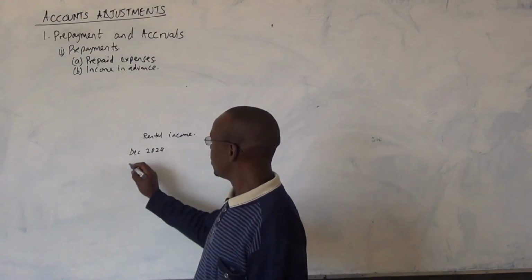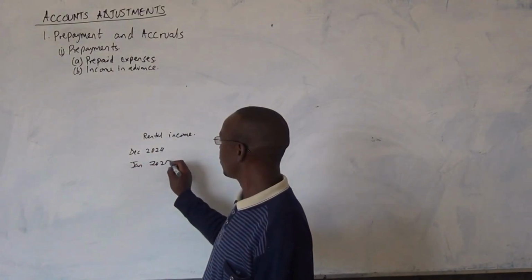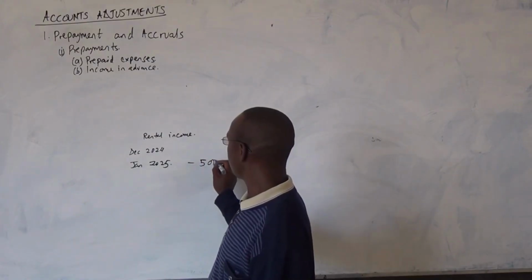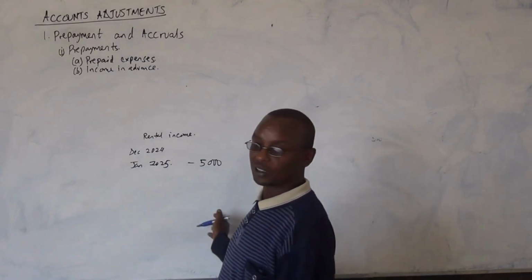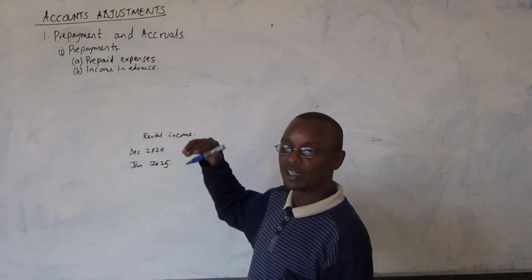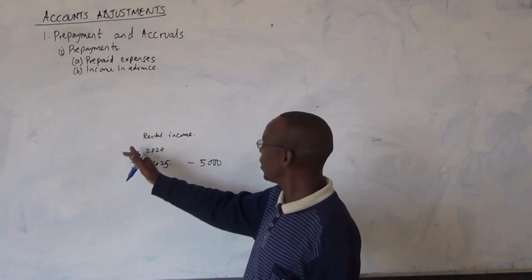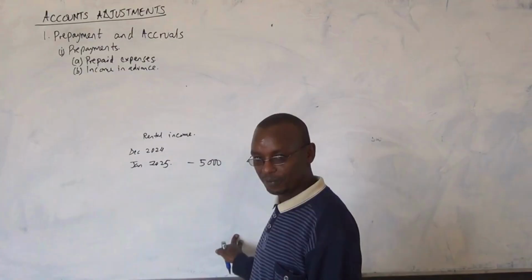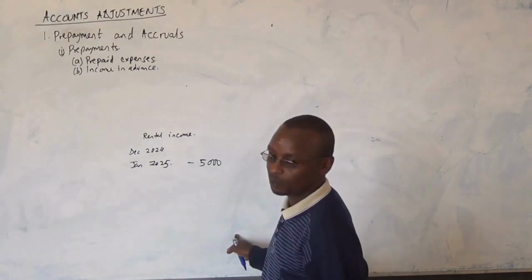Somebody has paid rent up to January 2025, and it is 5,000, and you have received that money. Or it can also be that we have received that money in August for a whole year. But when it comes to the end of the year, there is some money that we have, but it's for the next period, not for the current period.